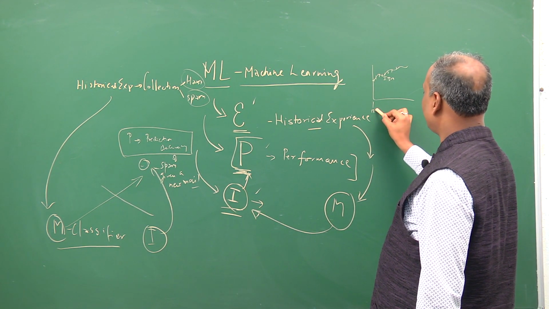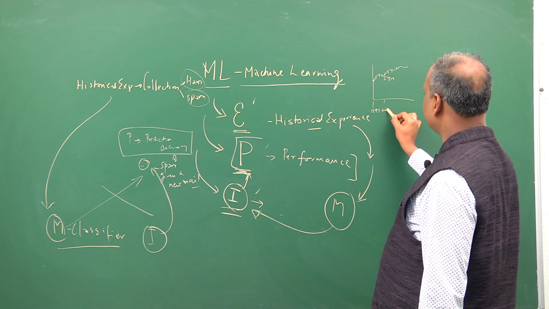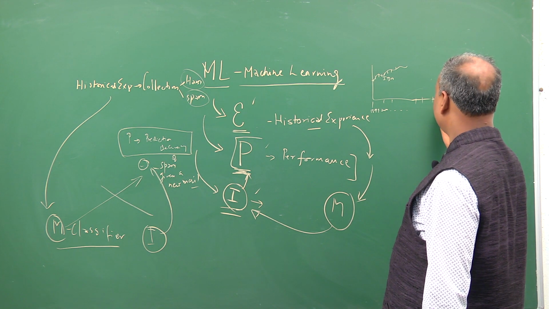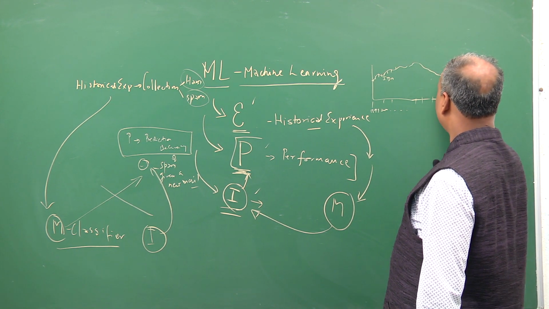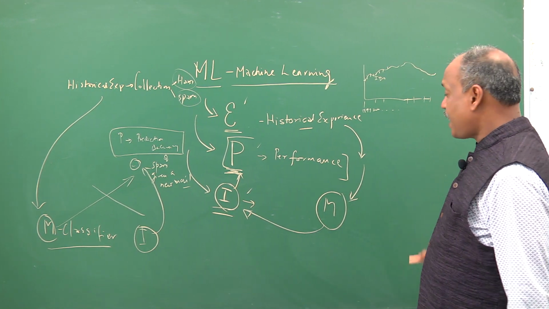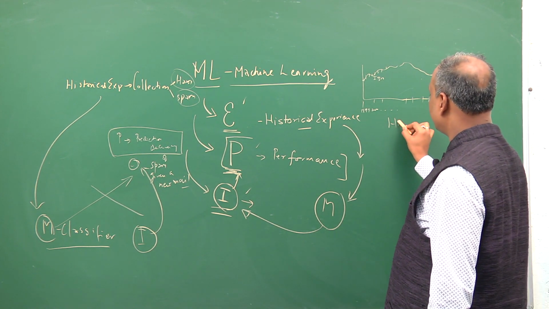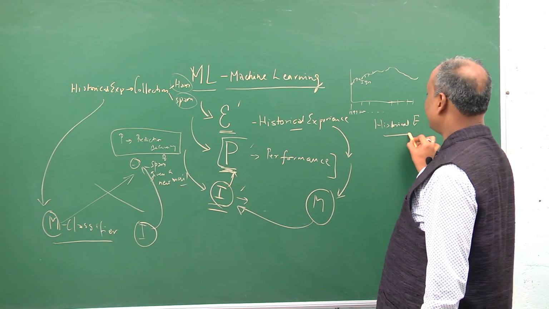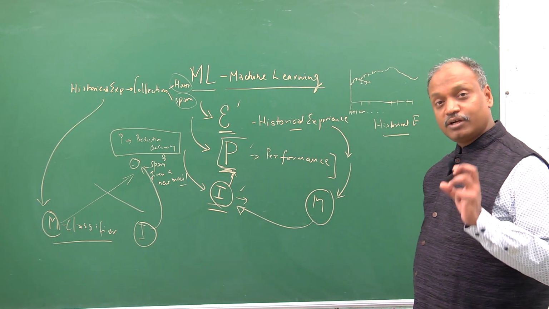Let's assume we're talking 1999, 2000, and so on. So we have the last 25 to 27 years of data of the stock price, and that becomes the historical experience data of the stock.